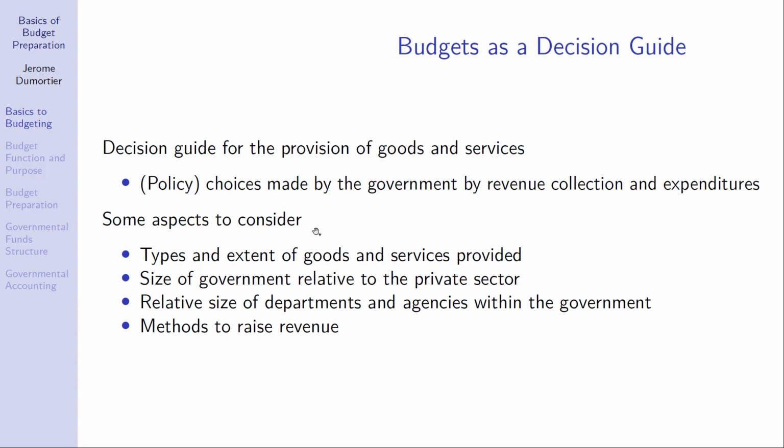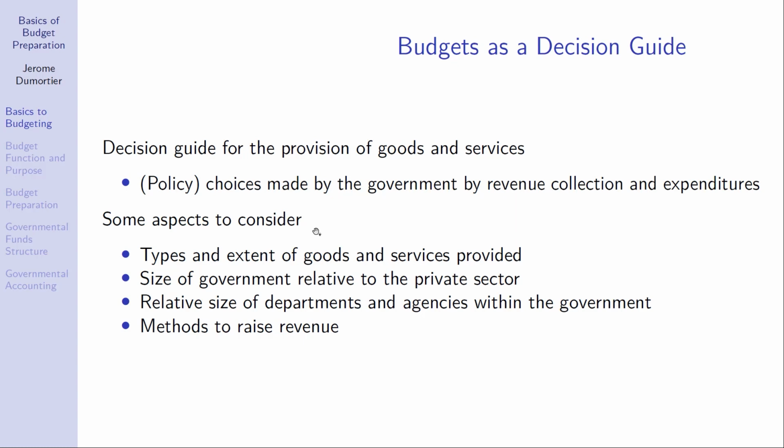You can think of budgets as a decision guide, in the sense that it is a decision guide for the government of which goods and services to provide. There are public choices or policy choices made by the government when it puts together a budget because it allocates revenues as well as expenditures. There are many things to consider when putting together a budget, and that is, for example, the types and extent of goods and services provided by the public.